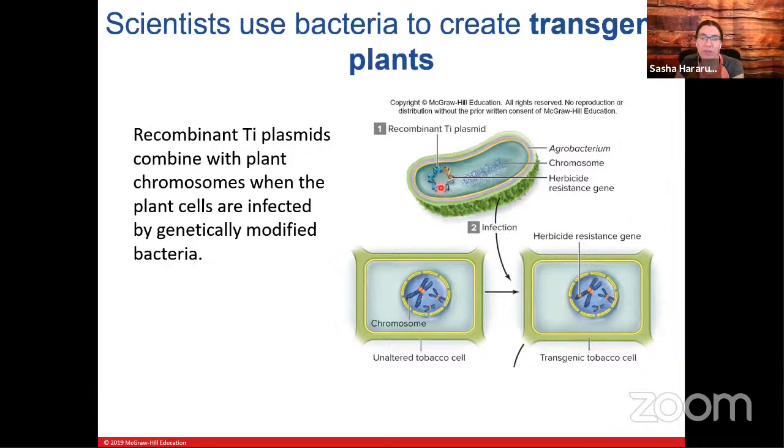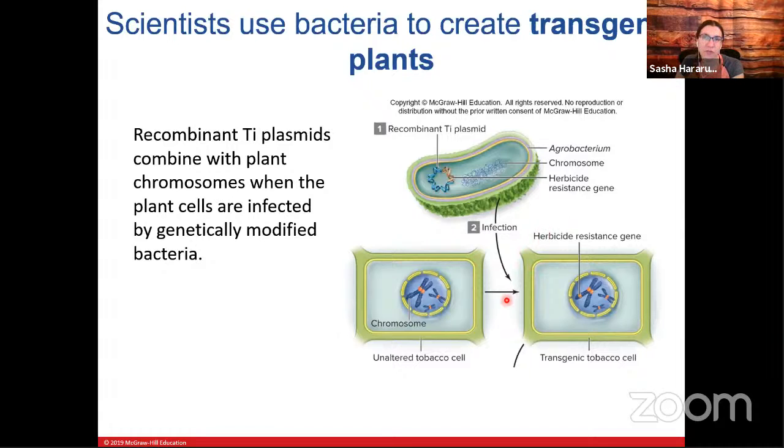Then the agrobacterium will help us deliver this TI plasmid into the plant cells. The agrobacterium infects the plants, but instead of growing tumors, the plant starts being resistant to herbicides. So we edit out the genes that induce tumors and instead include the gene, for instance, for herbicide resistance.